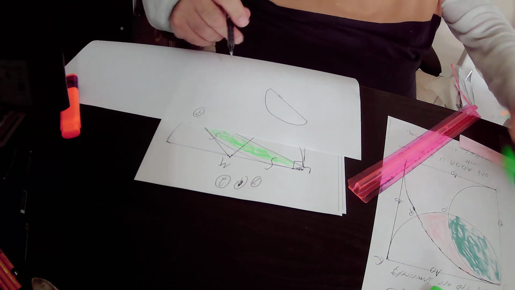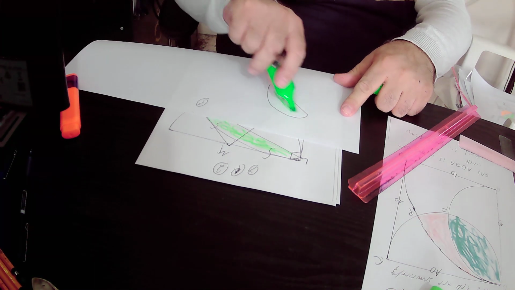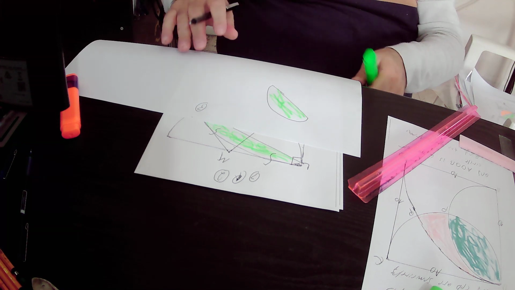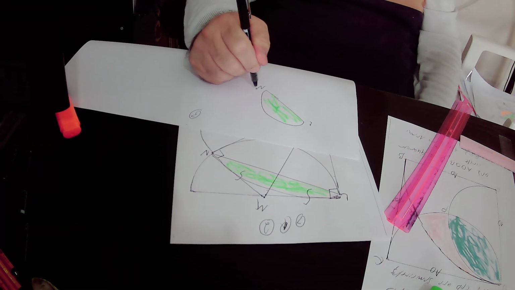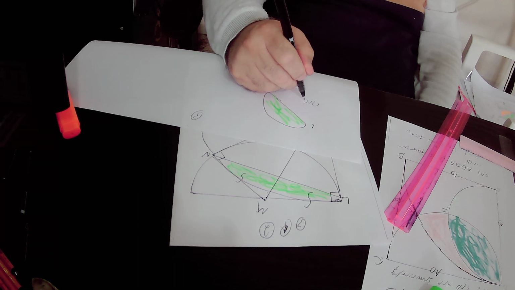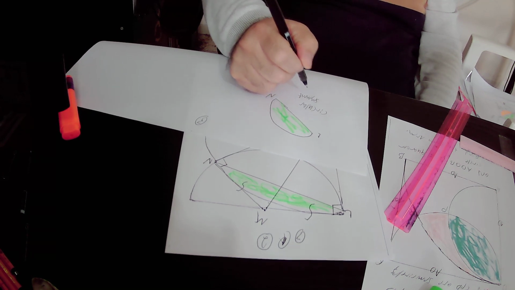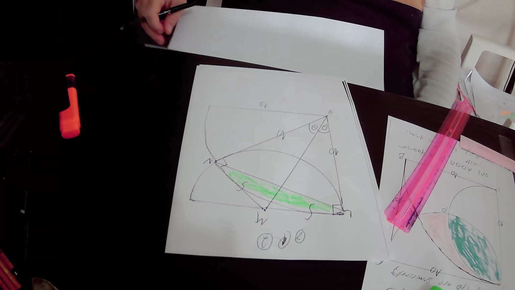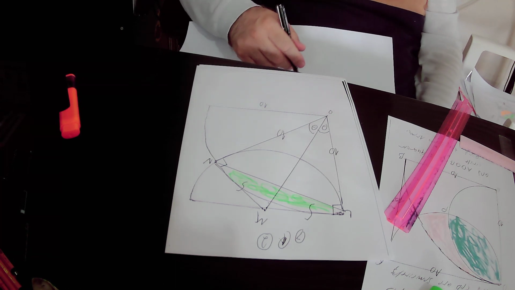The area of the upper circular segment LN, this segment, will be equal to the area of sector LOM minus the area of triangle LOM.